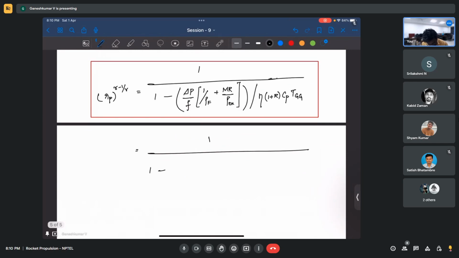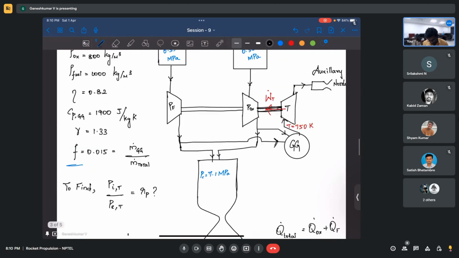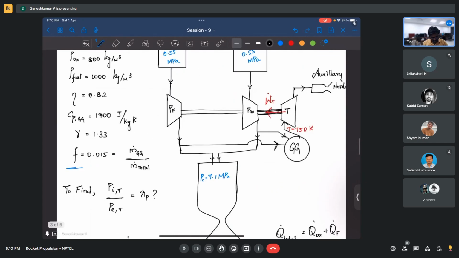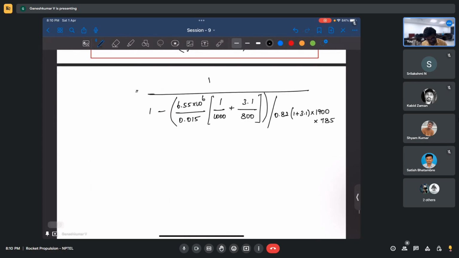So let me substitute 6.55 megapascal, which is 10 power 6, divided by 0.015 times 1 divided by rho of fuel, which is 1000, and mixture ratio is some 3.1, I guess, and divided by 800, divided by efficiency 0.82 times 1 plus 3.1 times 1900 times 750.